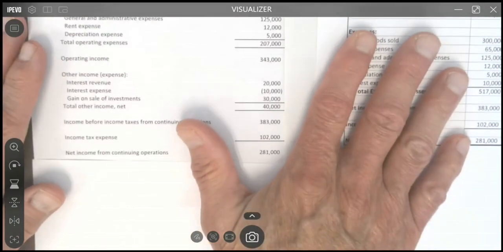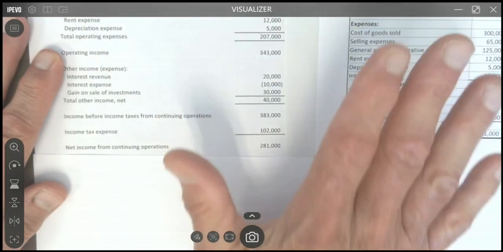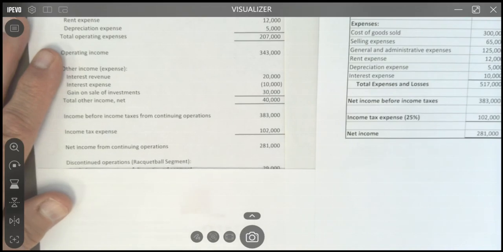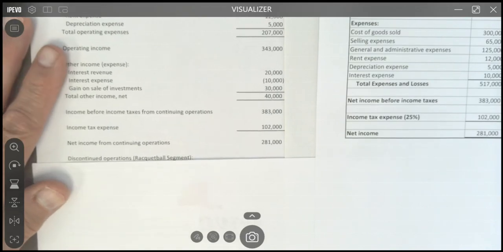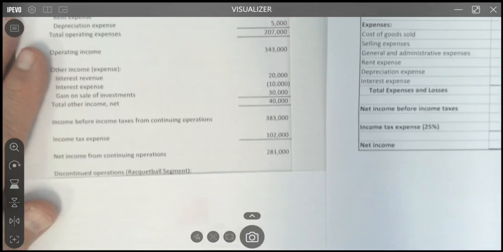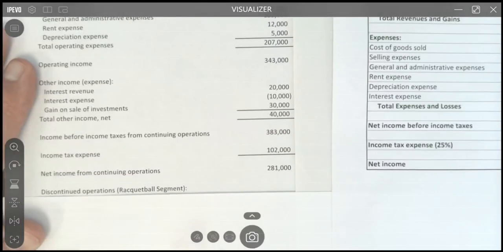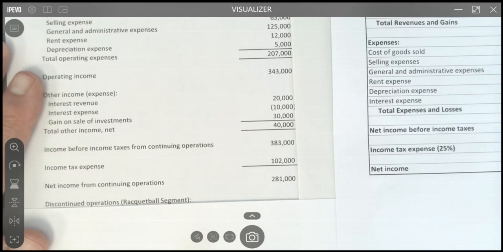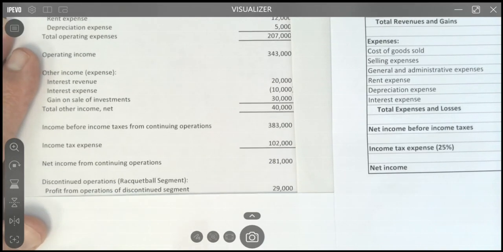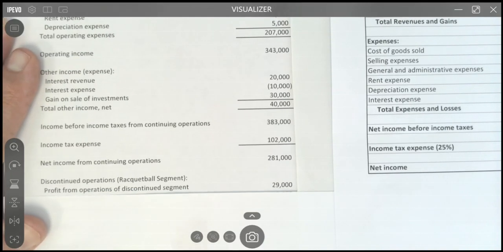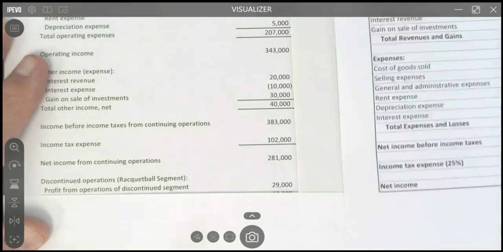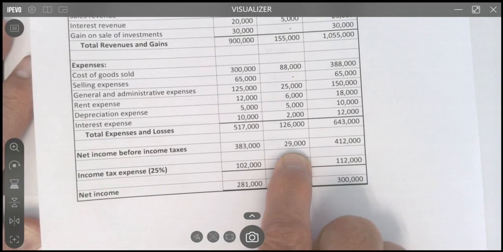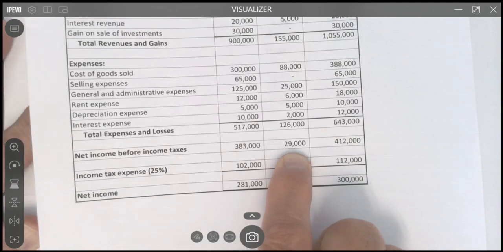I hope you remembered that when you did yours. And now let's focus on the new learning here, the discontinued operations, and it's the racquetball segment. The profit from operations at the racquetball segment was $29,000, net income before income taxes.